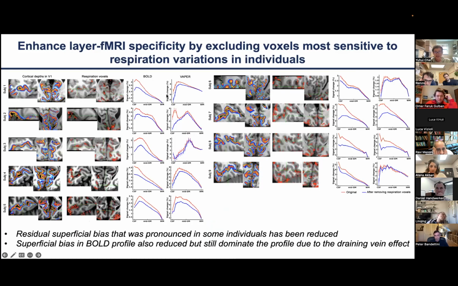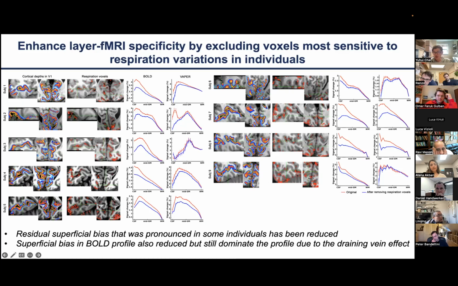And here are the individual results, which vary a lot. For example, here are 9 subjects. If you focus on the VASO results, the red curve is already quite good. The superficial bias is already reduced quite a lot in many subjects.